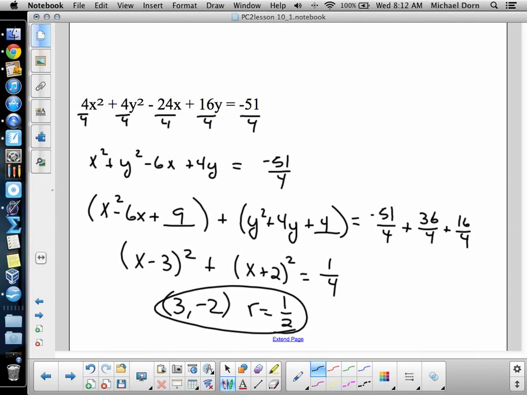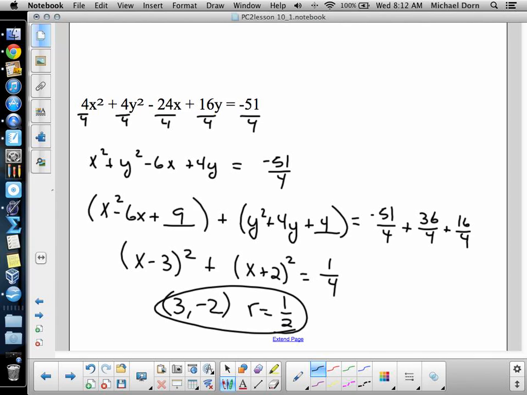Tomorrow, Friday. Well, you've done the ellipses and stuff before, right? You remember those? x minus h squared over a squared plus y minus k squared over b squared equals 1 is a standard form of an ellipse. And if you put a minus sign in there, it's a hyperbola. Right? Kind of. We'll get back to it again.